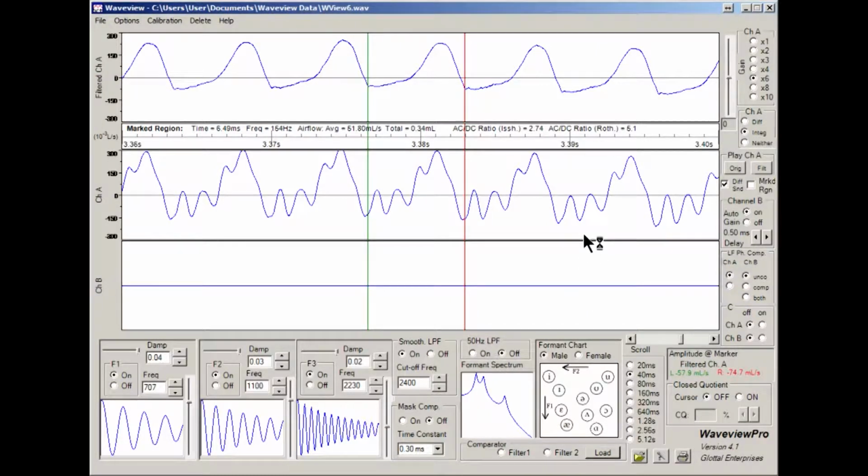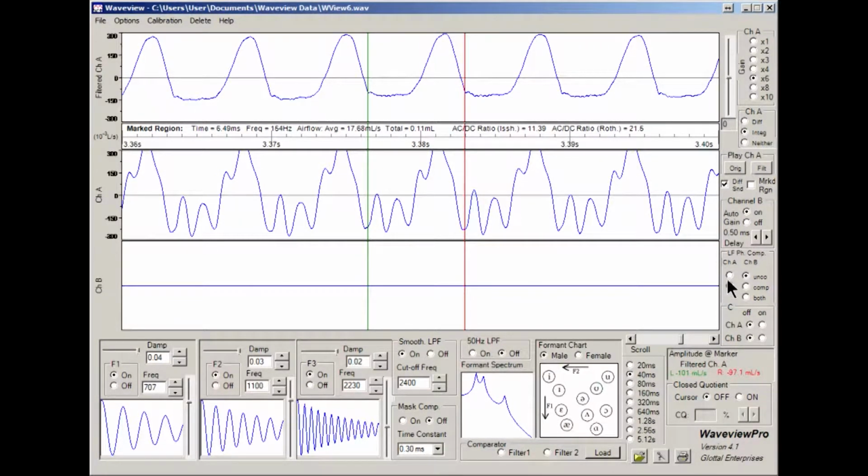I only recorded airflow. Normally, we would have perhaps an electroglottograph signal on channel B, but there was no electroglottograph signal here for channel B. Actually, the compensation was on.